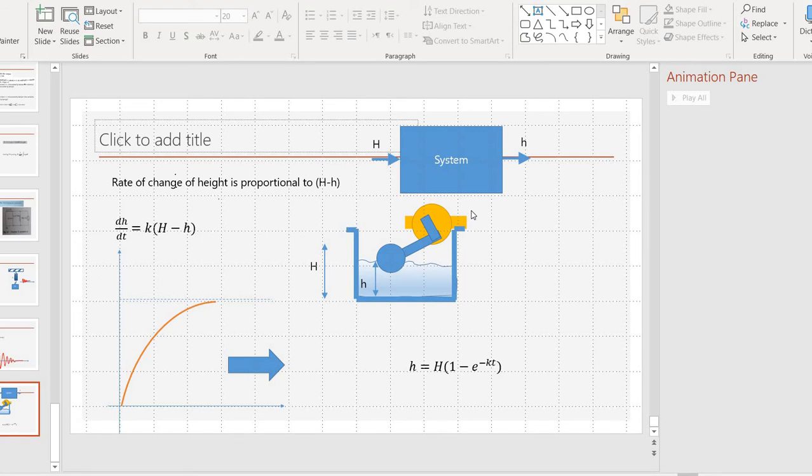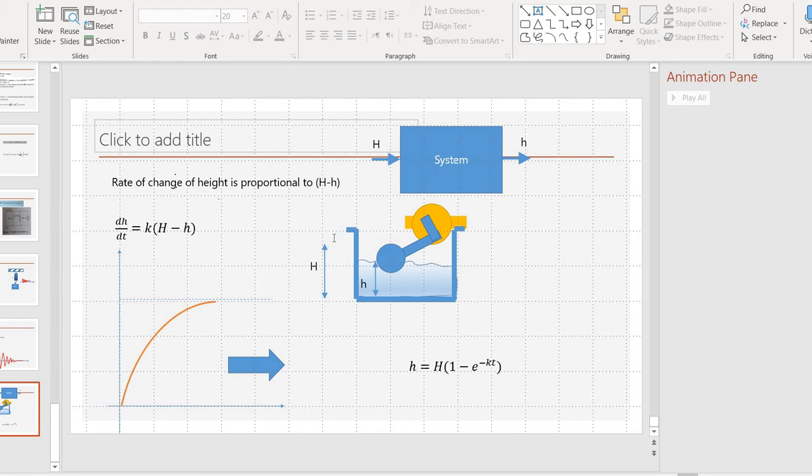Now, if we want to look at the differential equations, what can we say about this system? So the level of the water, which directly depends on the time, we are going to call small h.